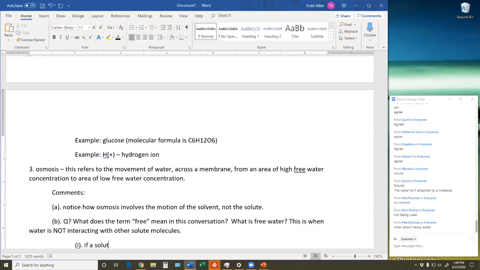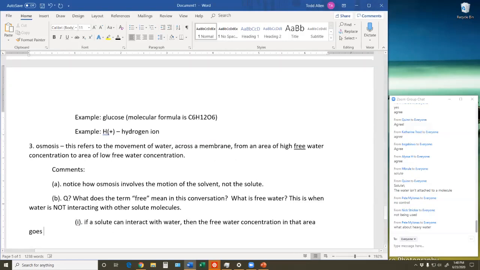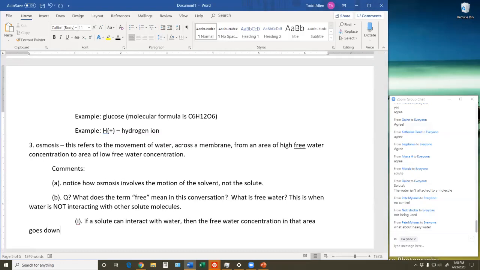If a solute can interact with water, then the free water concentration in that area goes down.